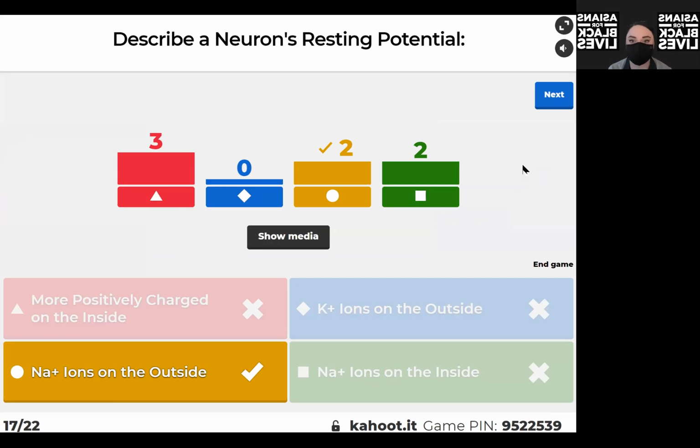All right, good. So remember, when a neuron is resting or not doing anything, it has sodium ions on the outside, potassium on the inside, and it's more positively charged on the outside overall than the inside.